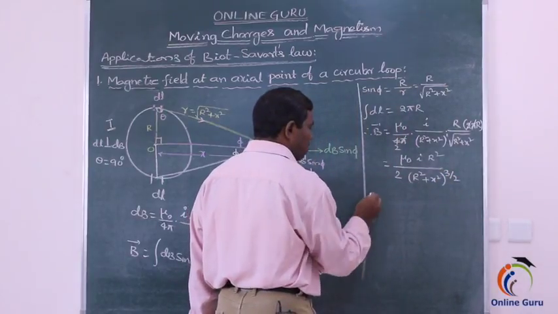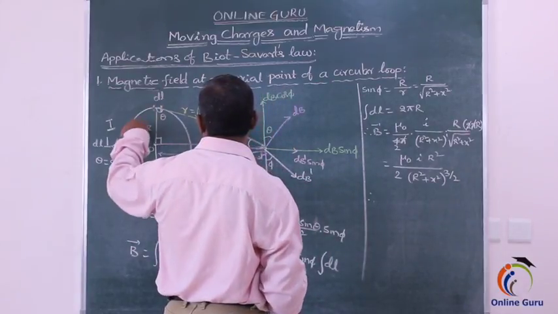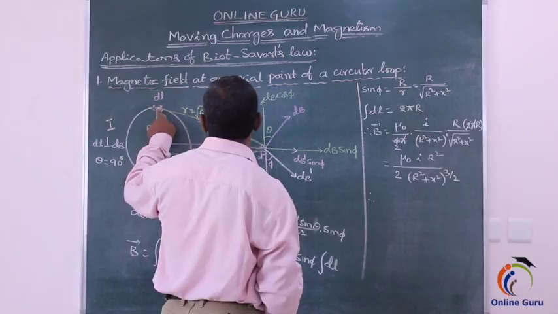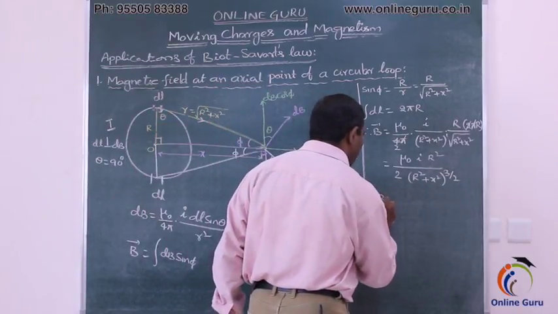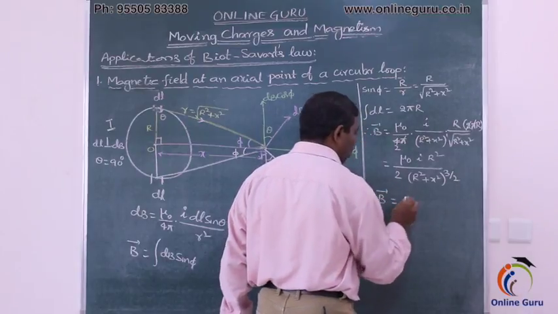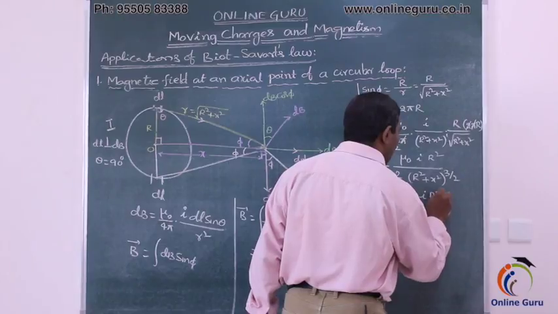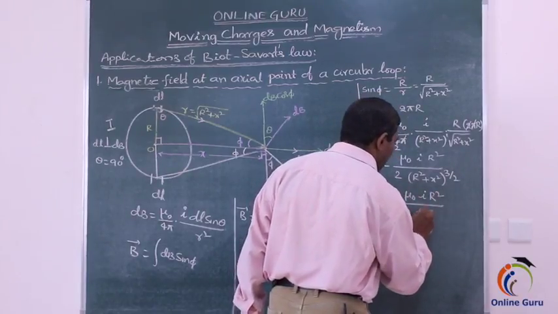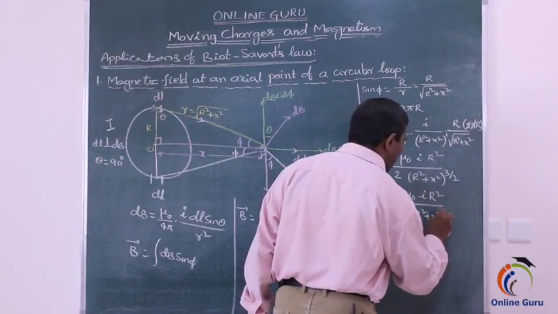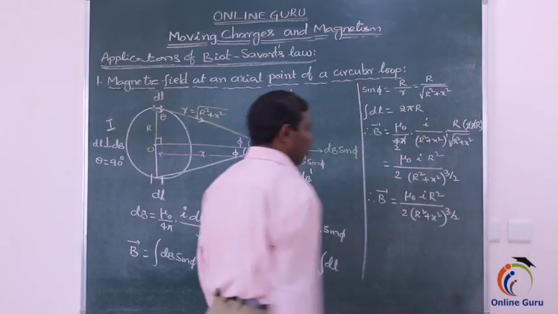Therefore, the net magnetic induction at a point P due to the current element dl, or due to the current carrying circular loop, is given by B equal to mu naught I R square divided by 2 into R square plus x square whole to the power of 3 by 2.